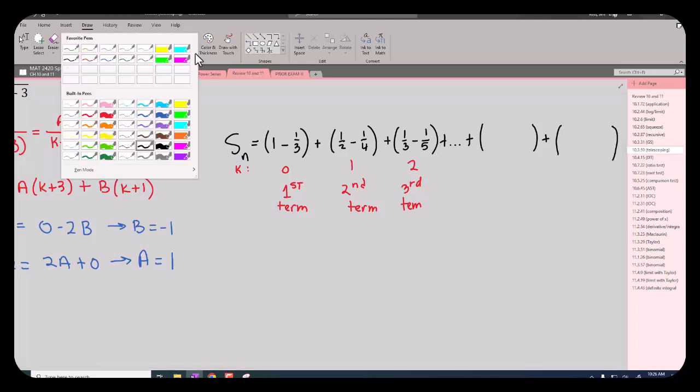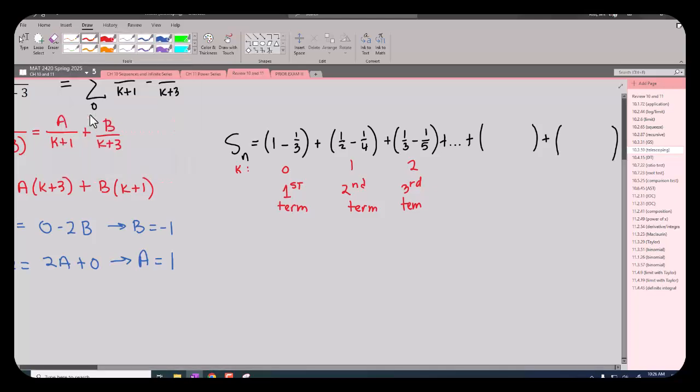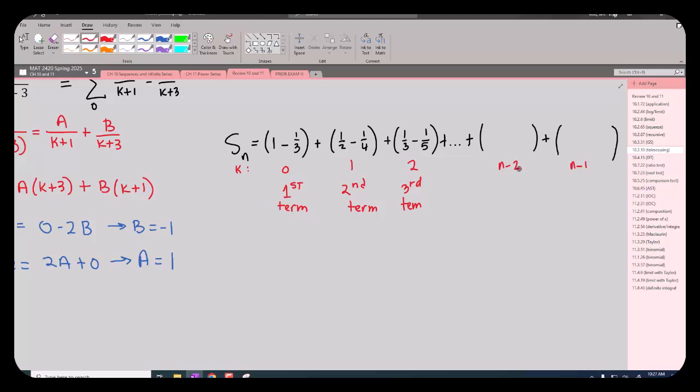Tell me what the k values are going to be for these last 2 terms. n minus 1 and n minus 2. It's always a mystery. If you have 5 fingers and you count from 0, 0, 1, 2, 3, 4, right? If you start from 0 and you want 5, you have to end 1 less than what you're really looking for.